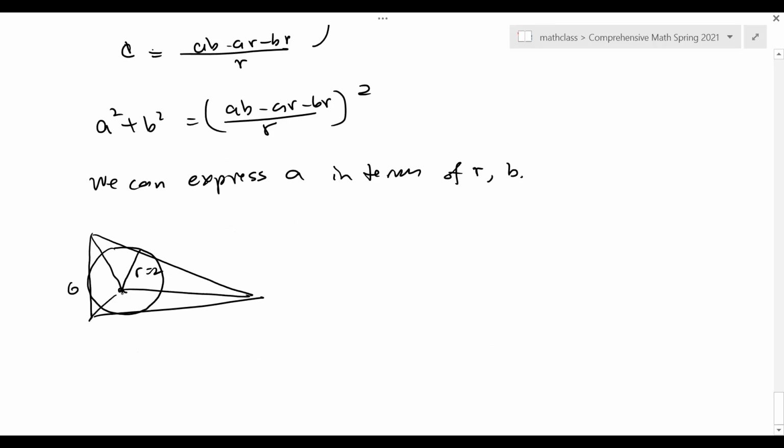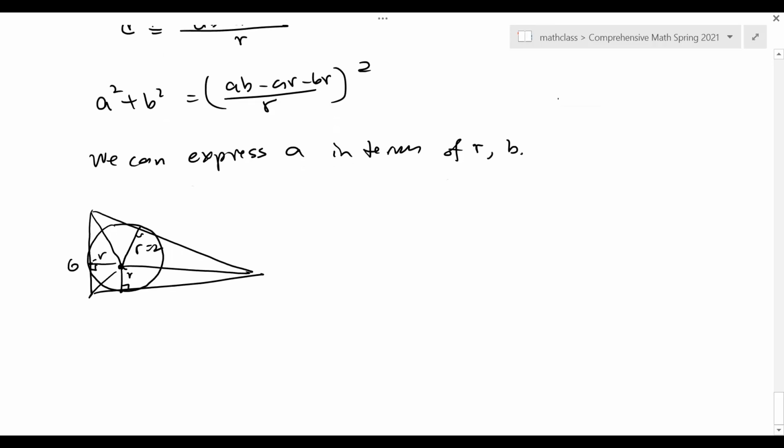So you draw the triangles, three triangles, and you connect the center to each edge, and they're perpendicular. So this becomes the height of the three triangles.